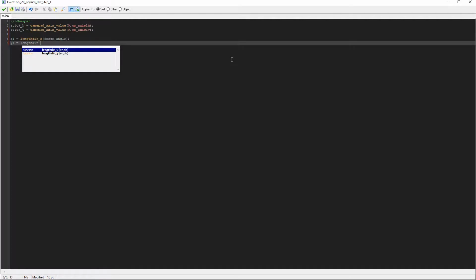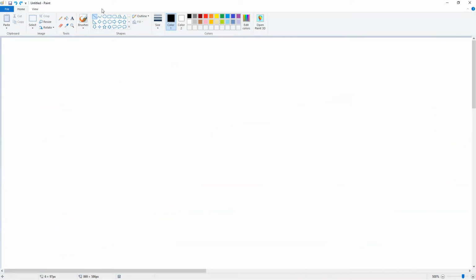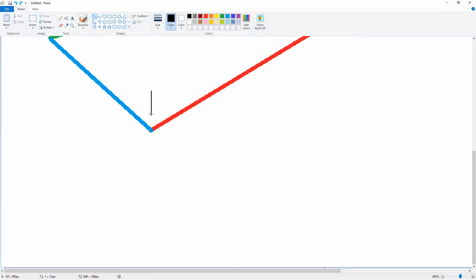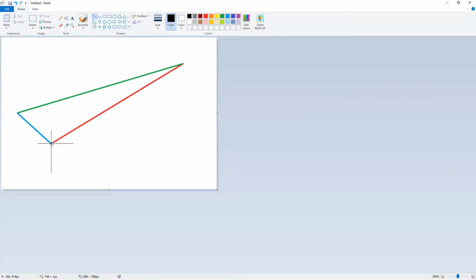Y1 equals length dir y, force, angle. So we've now calculated this position, and now we need to calculate this position from this position.